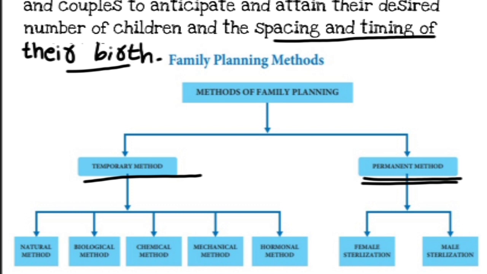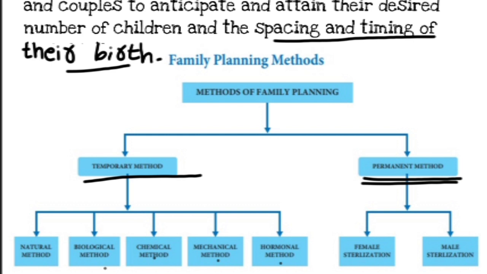Like in 100, only 1% or 2% chance of getting pregnant is seen. Only when the technique fails, at that time the woman gets pregnant. This is temporary and permanent. In temporary, we have 5 types: natural, biological, chemical, mechanical, hormonal.